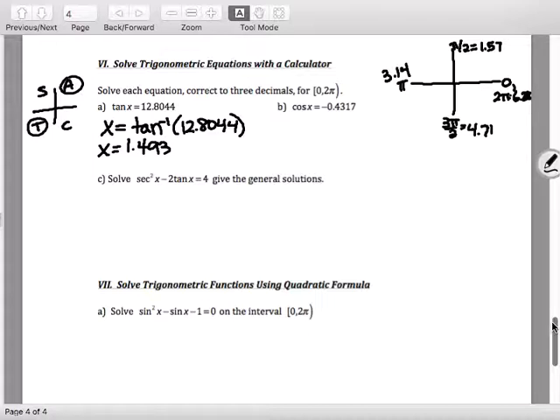How do I get the third quadrant value? How would I take this 1.493? How would I figure that out? Yeah, Eli? You're going to add pi, or 3.14. So, just use your calculator, 1.493, adding the pi, we get 4.634.